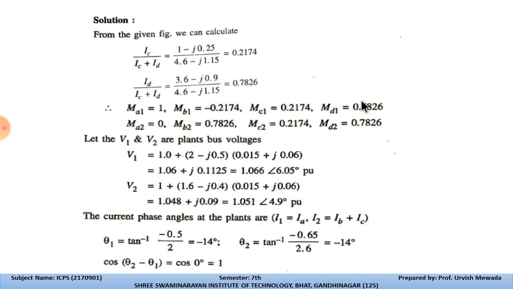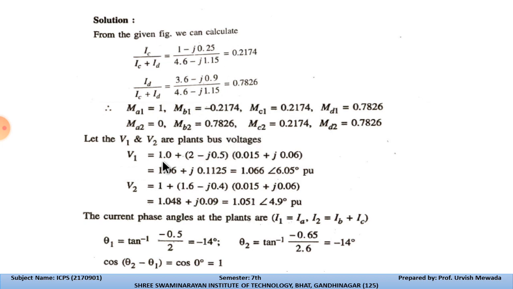Then MA2 is equal to 0, MB2 is 0.7826, MC2 is 0.2174, and MD2 is 0.7826. We can write all the values from this equation.